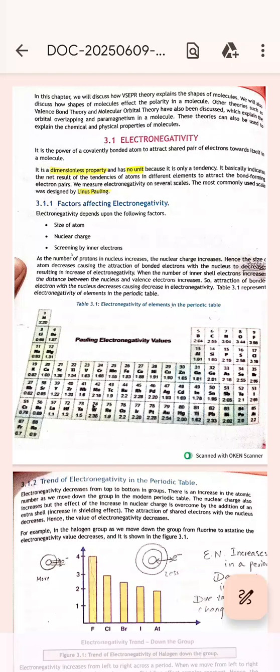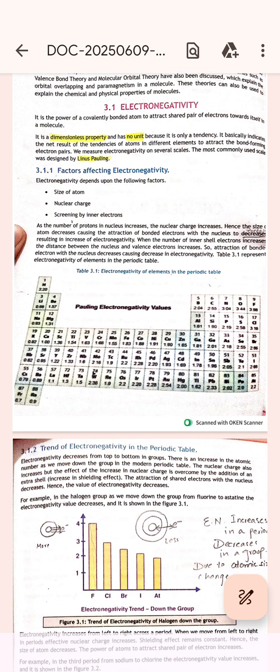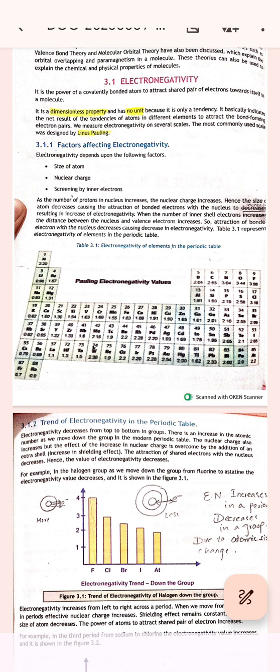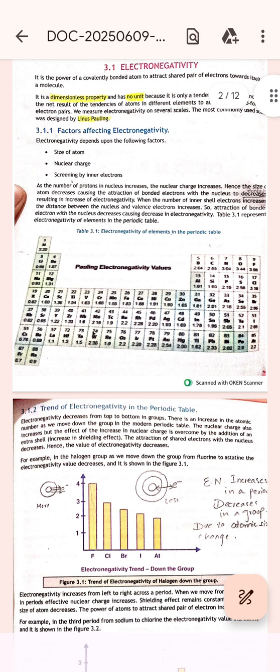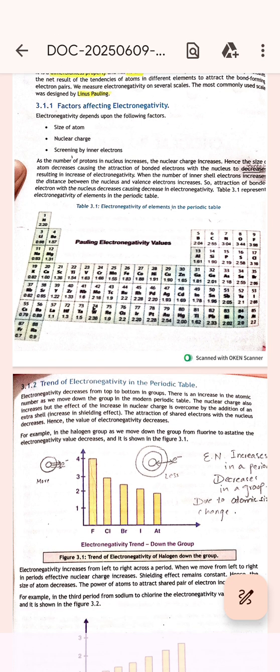So electronegativity increases with nuclear charge. That is the general trend. And when the number of inner shell electrons increases, the distance between the nucleus and the valence electron increases, so the attraction of the nucleus with the bonded electron decreases. Therefore there is a decrease in the electronegativity.